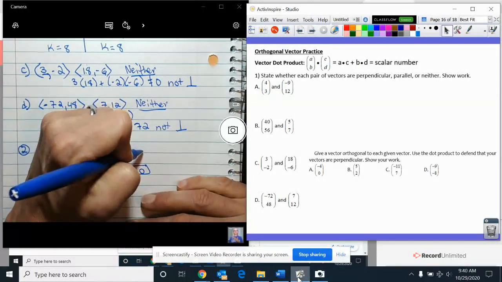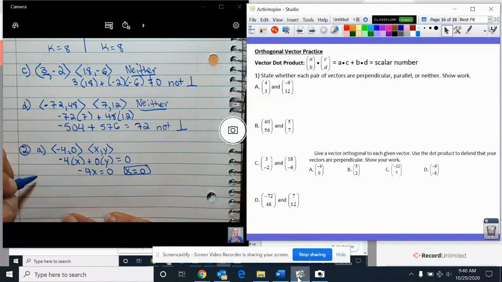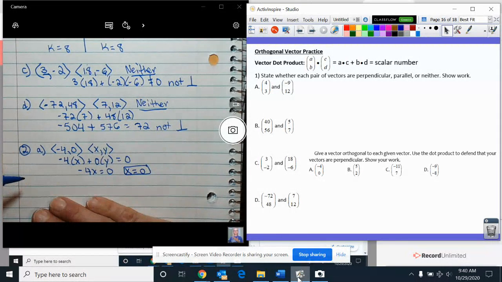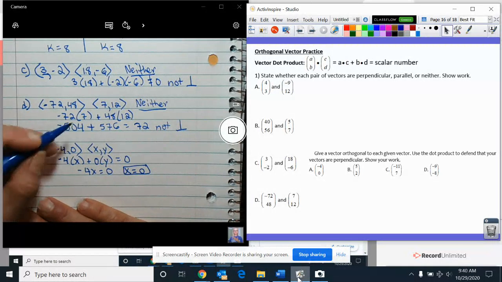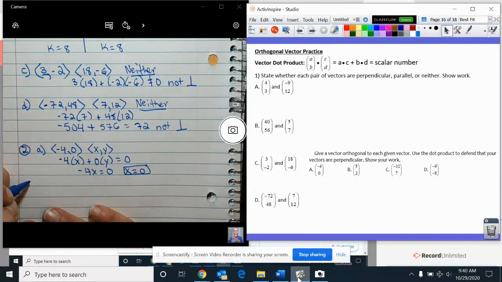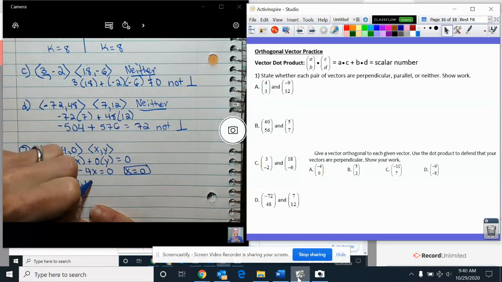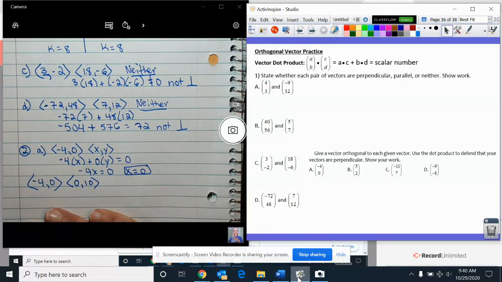So one possible vector could be, let's pick a number for y, let's say 10, because it's October. So negative 4, 0, and 0, 10 are orthogonal.